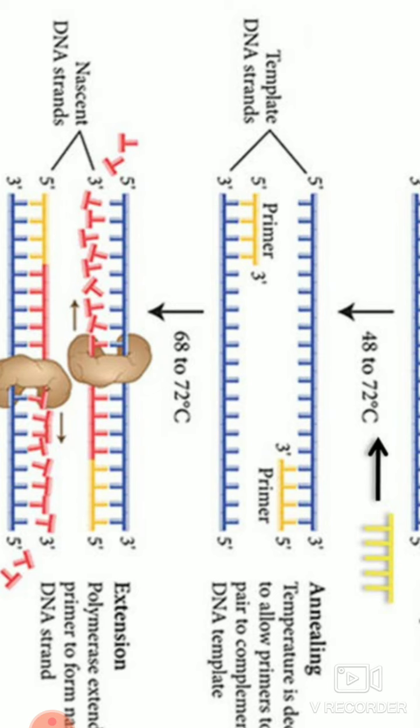You have to be very careful when you are writing, because the primers are always annealed from 5' to 3'. The direction of synthesis of DNA polymerase is from 5' to 3' direction. The lowering of the temperature is between 50 to 65 degrees for 20 to 50 seconds.